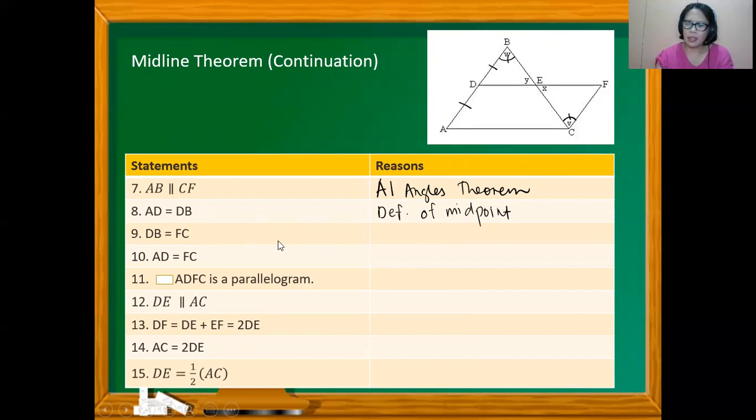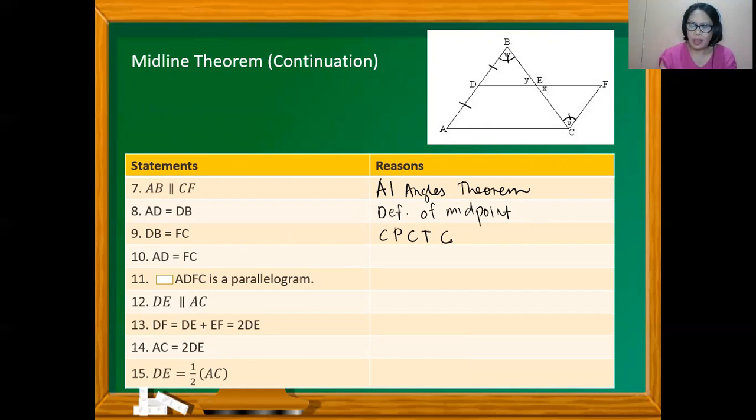Now DB equals FC. Now take note class that DB here corresponds to FC. And in the previous statements, we were able to prove that the two triangles here are congruent. And these corresponding sides belong to the two congruent triangles. So we can say that the length of DB equals FC because corresponding parts of congruent triangles are congruent.